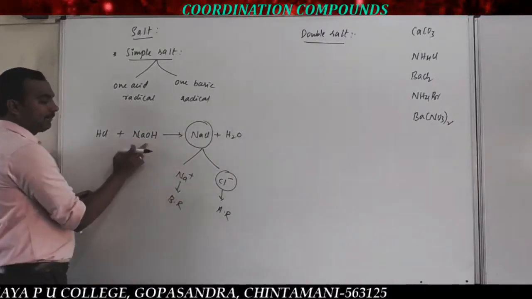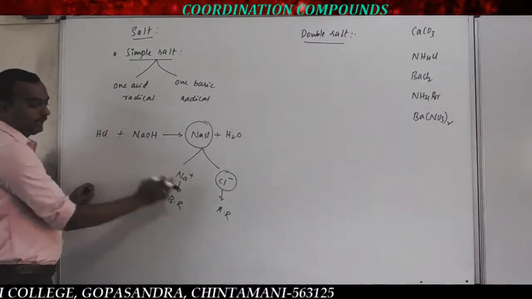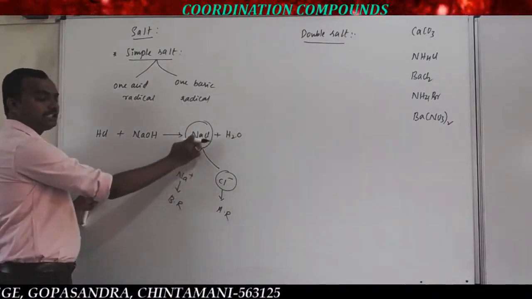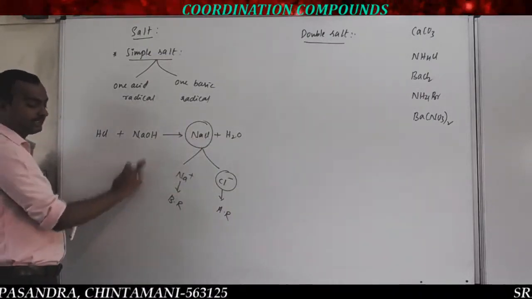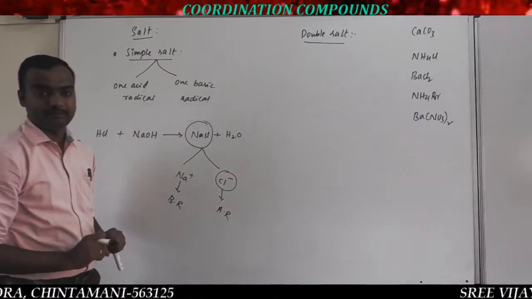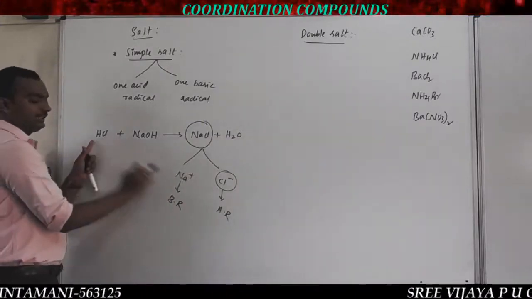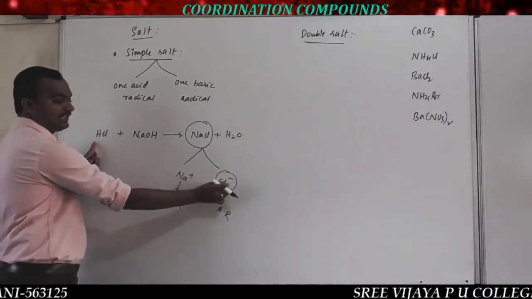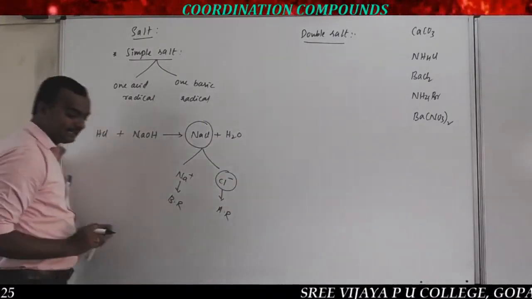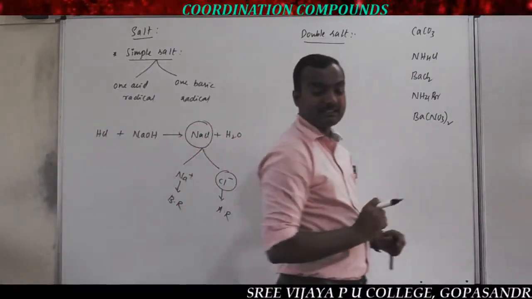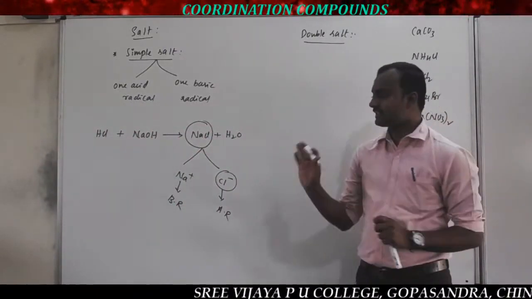Remember, Na+ present in the salt is coming from the base. That's why it is called a basic radical. And Cl- in NaCl is coming from the acid, that is HCl. That's why the radical is called an acid radical. That is the simple meaning.